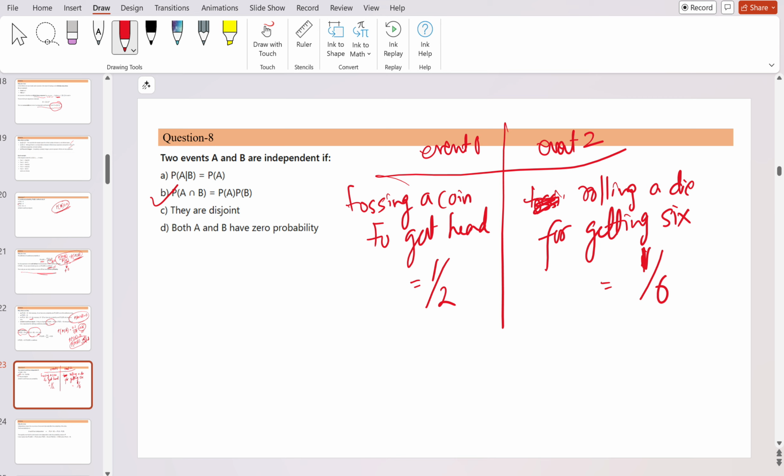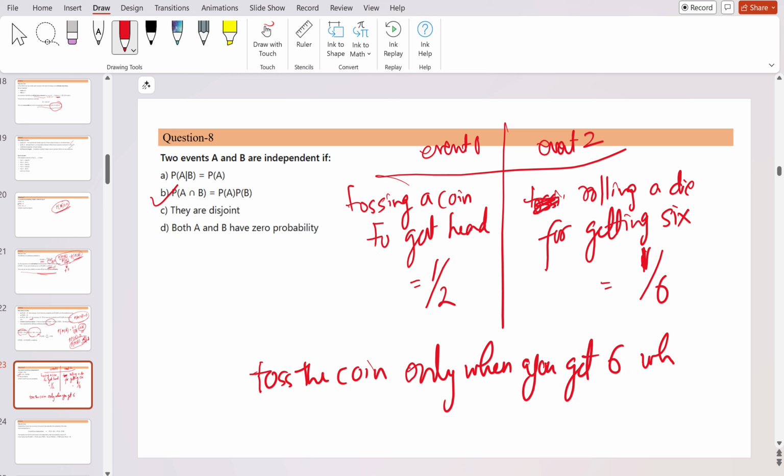Suppose it were said that you toss the coin only when you get 6 while rolling the die.